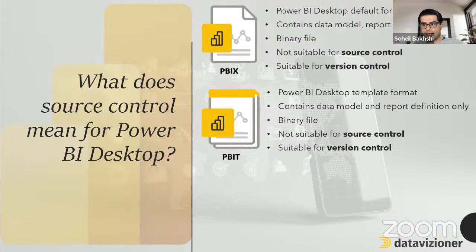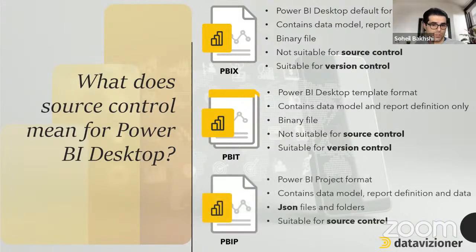But that was the case since forever, until a couple of months ago. I think it was 2 or 3 months back that the Power BI project file type was introduced to the community, which is the PBIP file, the Power BI project file format.